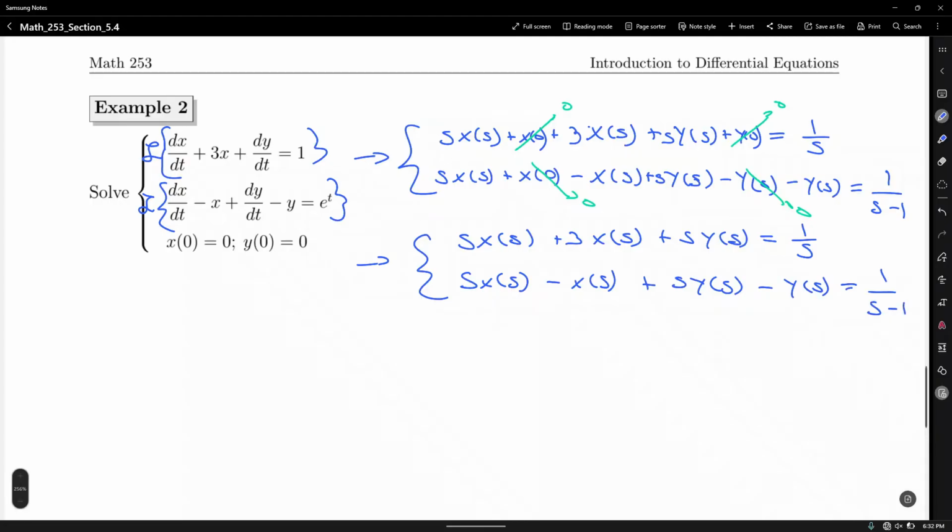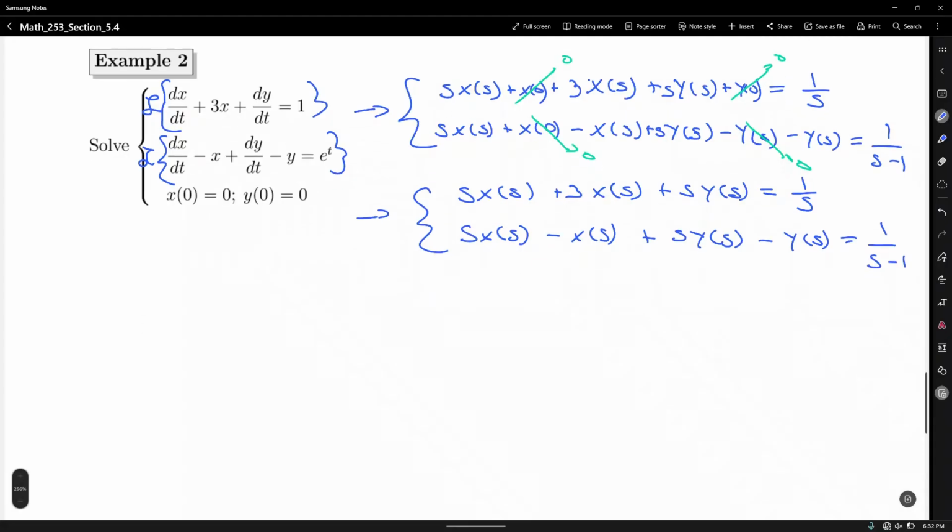All right, let's factor, so let's write the system in a factored form. That is (s plus 3) x of s plus s y of s equals 1 over s.